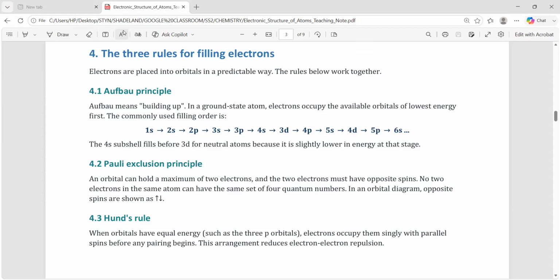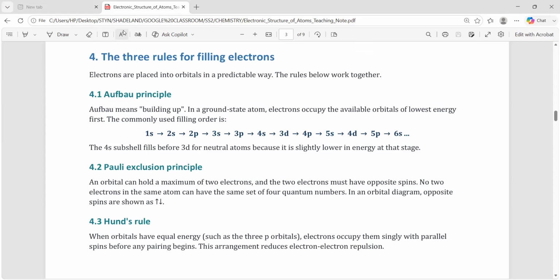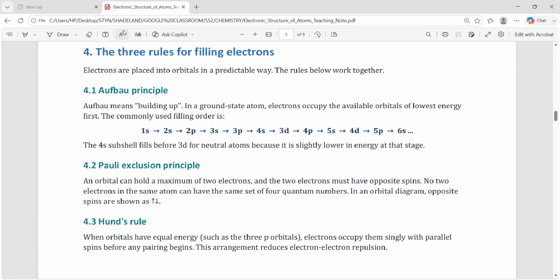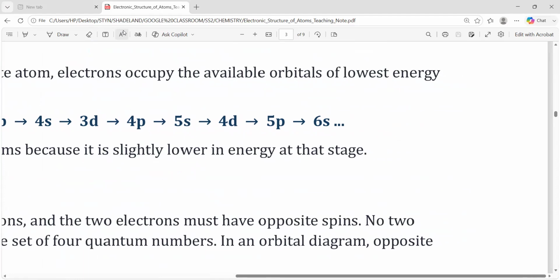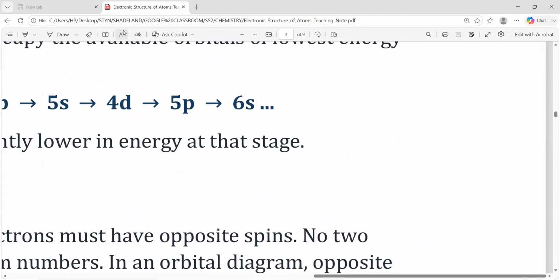And there is a chart that actually gives us this order. You may copy this order, but there is a chart like this. Let me zoom this and give you this chart here. With this chart, you can write the electronic configuration of an element with atomic number 100.